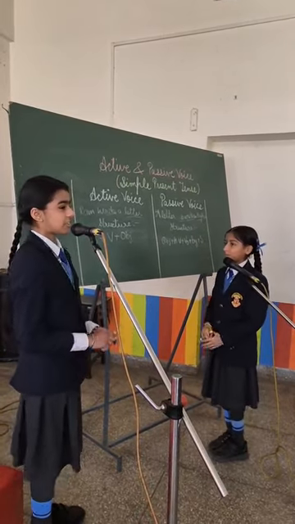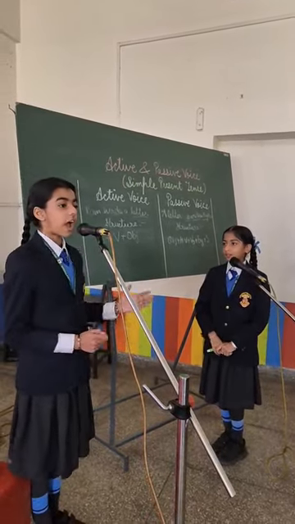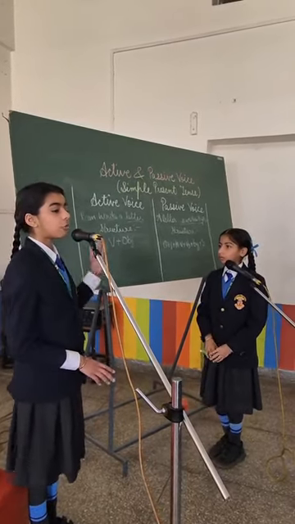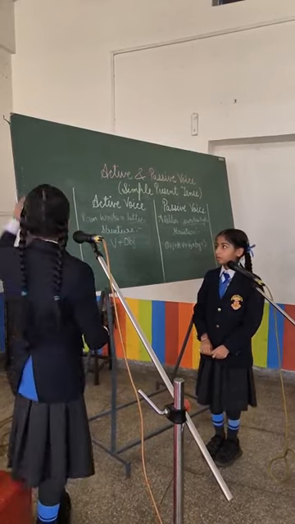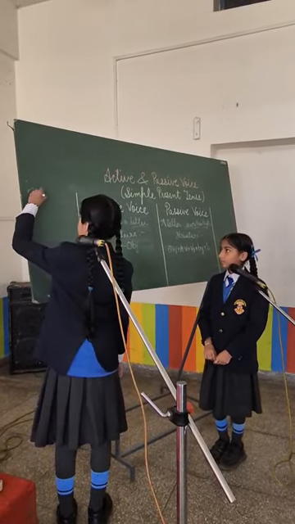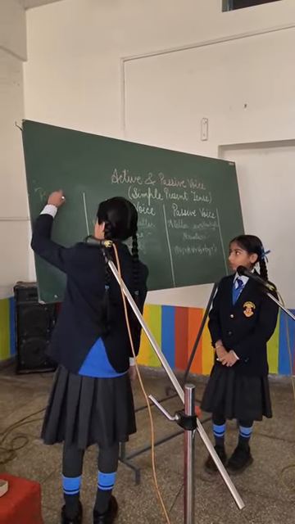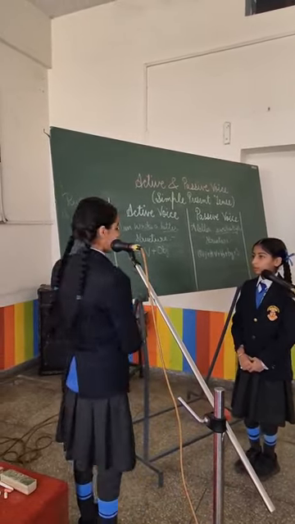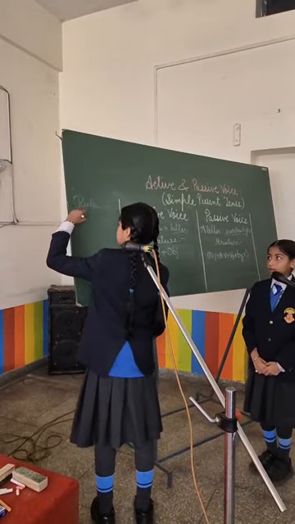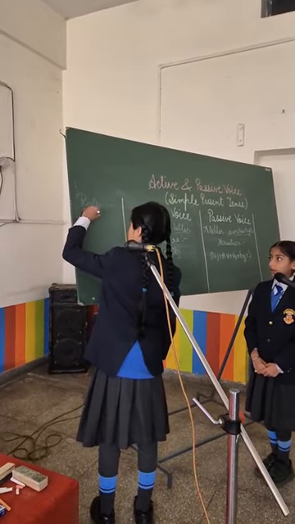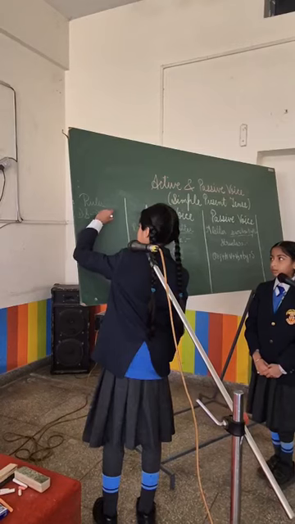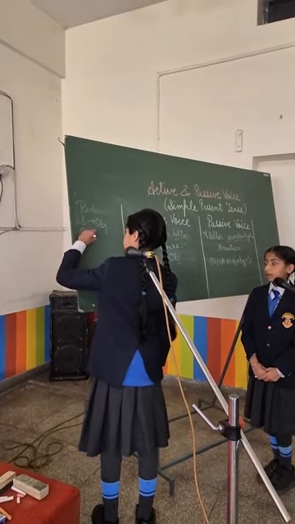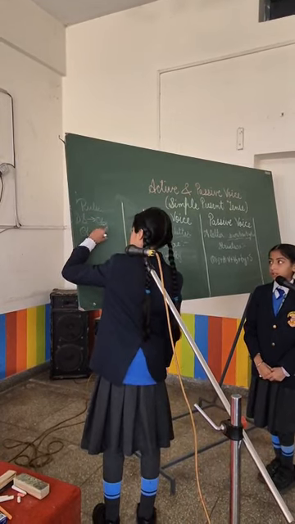Yes. So, in order to change active voice into passive voice, we have to follow the following basic rules. The first rule is subject into object and object into subject.